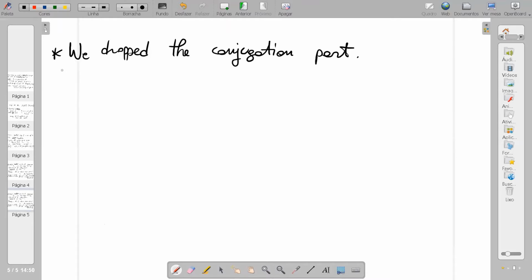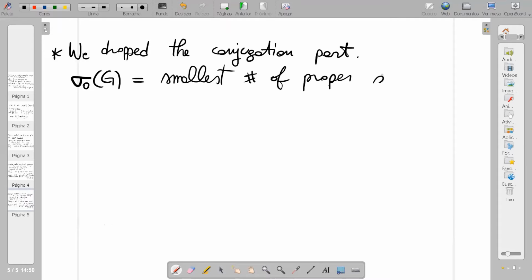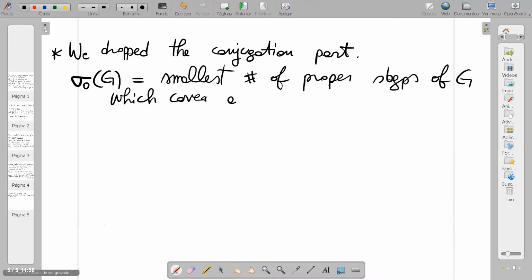So let me explain, because it's easier. We define this. Note that it's similar to sigma, but there is a 0 there, sigma 0. This is the smallest number of proper subgroups of G which cover all the primary elements.